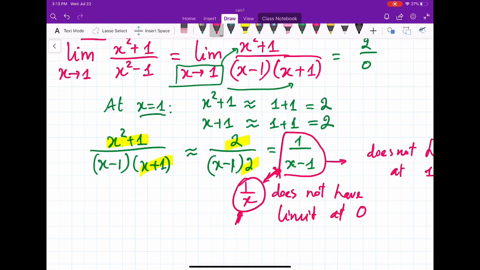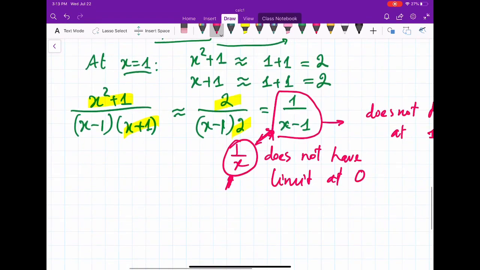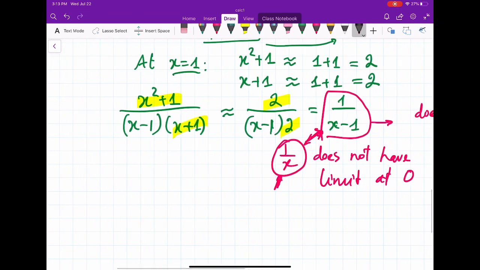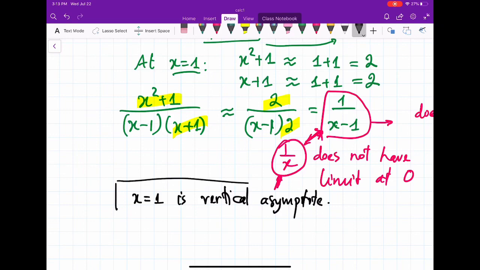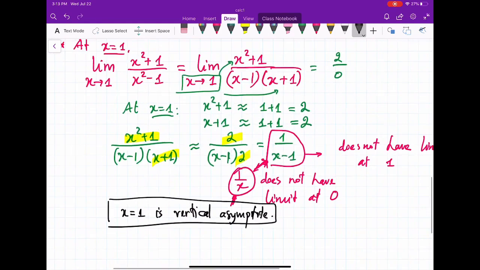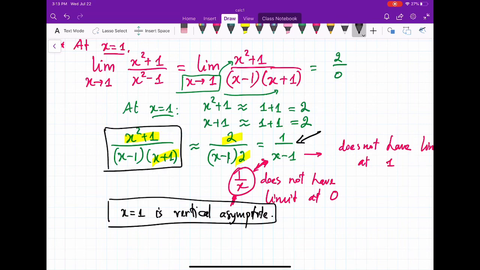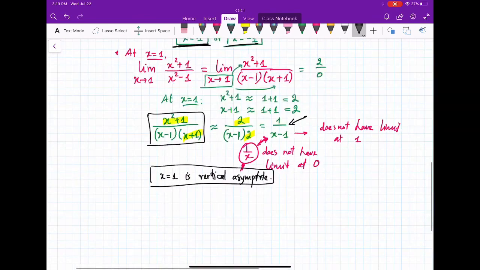It is similar to the case of 1 over x. So from here I can write the conclusion: yes, x equal to 1 is a vertical asymptote, because the limit of this function at 1 from the left or from the right equals infinity. This function also has an infinite left or right limit, given that the function does not have a limit at 1.